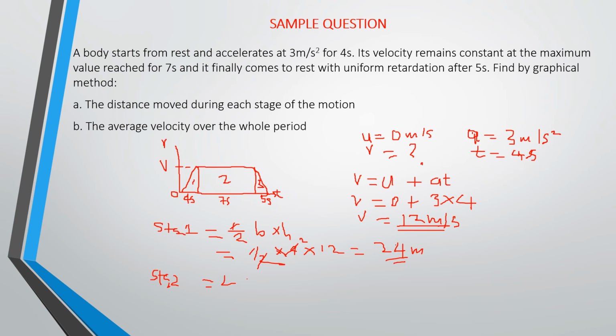Stage 2 is length times breadth, which gives you 7 times 12. When you multiply that out, you have 84 meters. So that is the distance for stage 2.